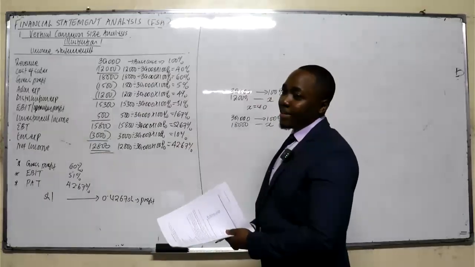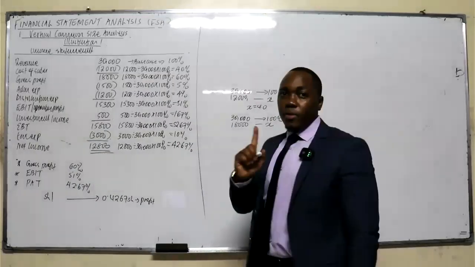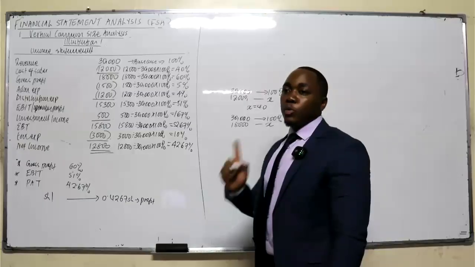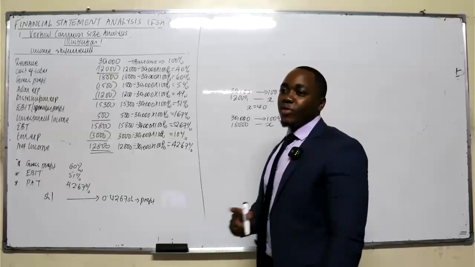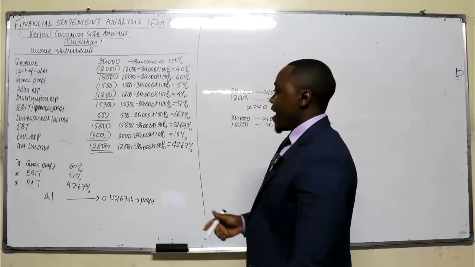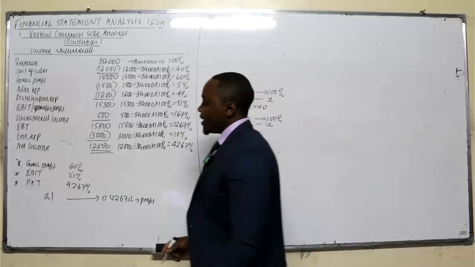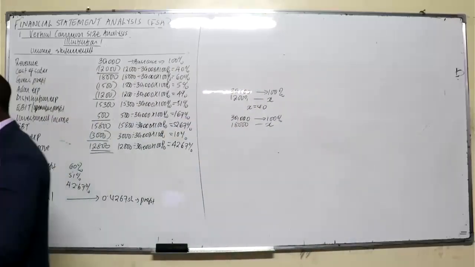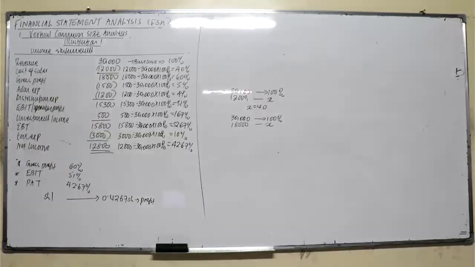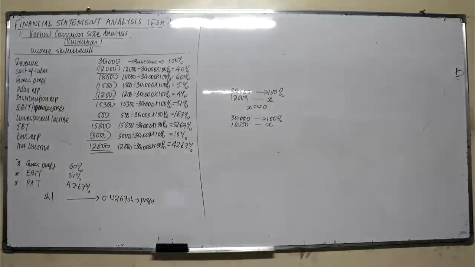So what does that mean? That means that for every 1 shilling of sales, 0.1 shillings goes to the government in form of taxes. And then I've already explained the net income. It's as simple as that. So I want us to do now one for the statement of financial position.